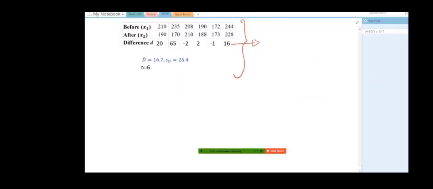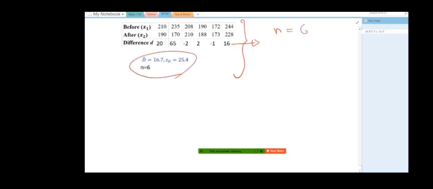So we have the test, we have the t-interval. If you have the data as follows, you calculate their difference and you end up here. All you have to do is look at this group of data and deal with those numbers. So this results in n being 6.